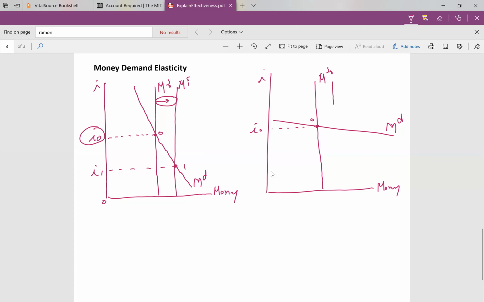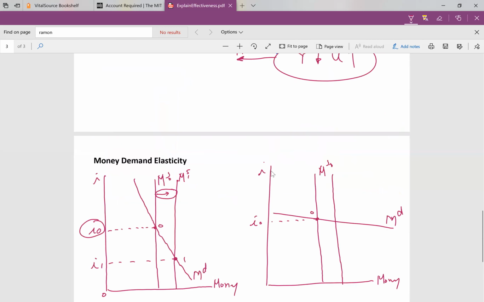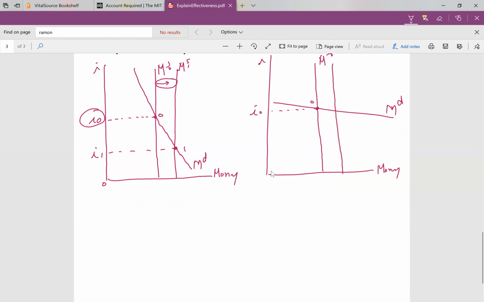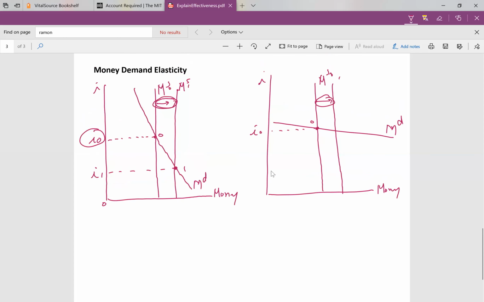So it's about that distance. So this shift is about the same size as that shift. So this is money supply 1, and the new equilibrium would be here, 1. And that's I1.